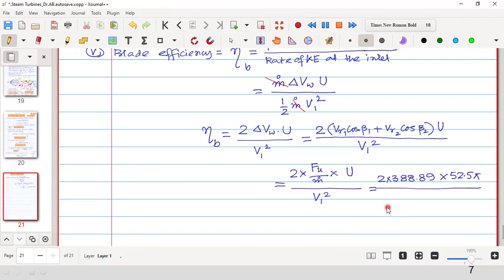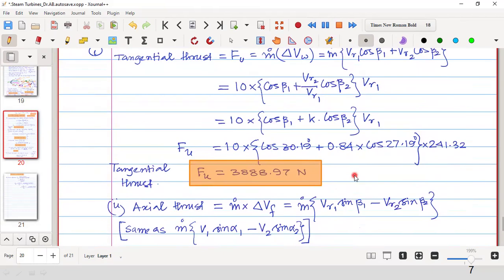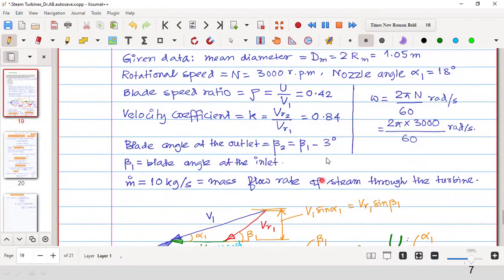You have determined that V1 earlier. Although we have not determined V1, you can determine. Oh no, you know V1, right?